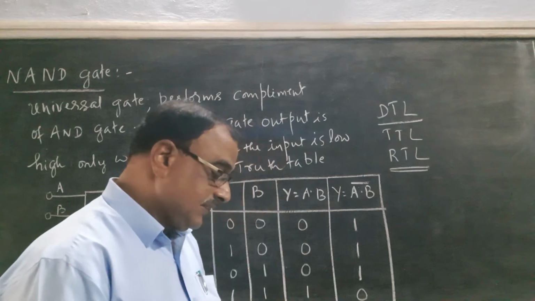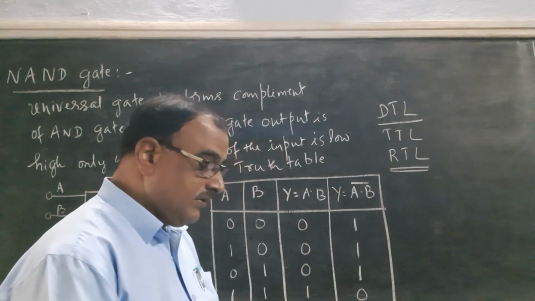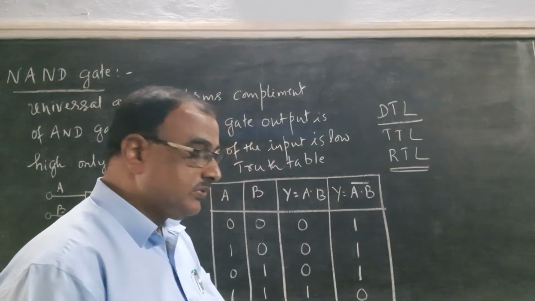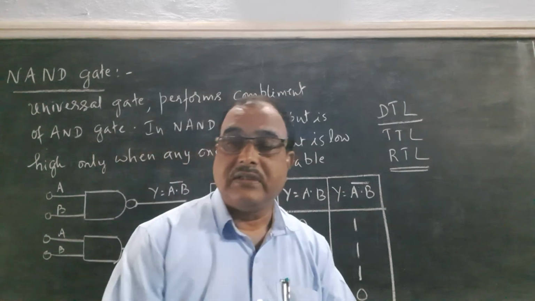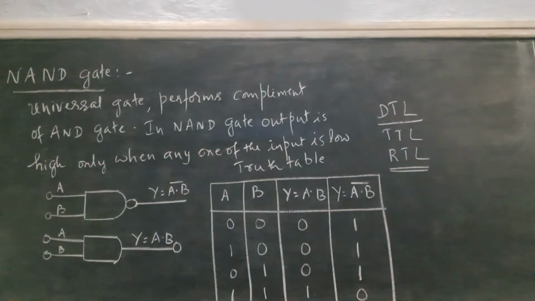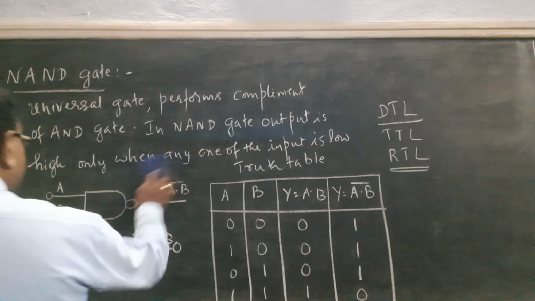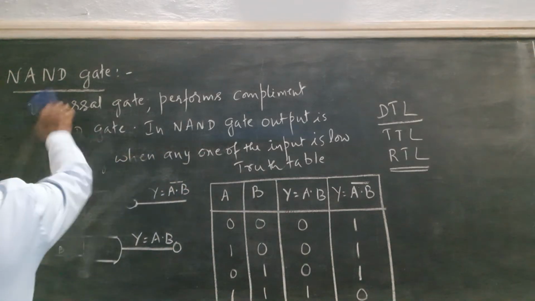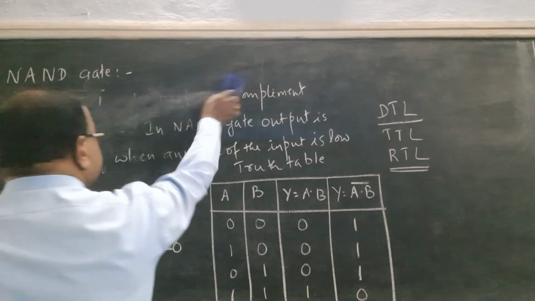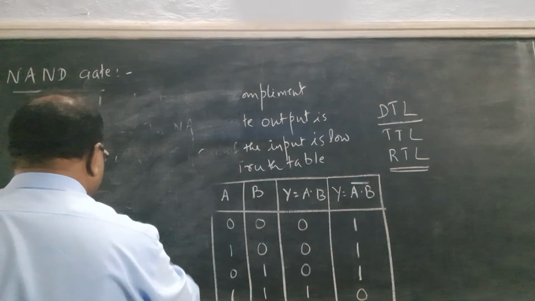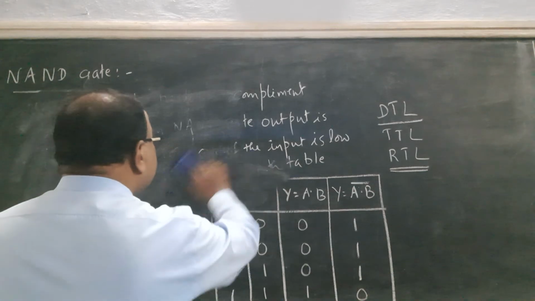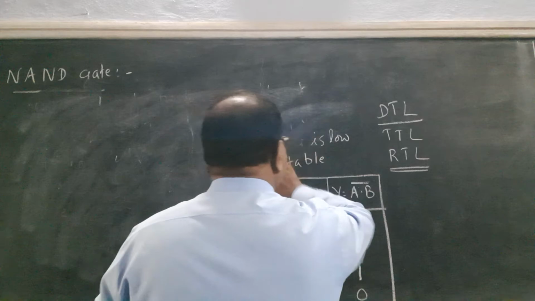Now let us consider that. We are supposed to write down the circuit diagram for such a NAND gate. I am writing the circuit diagram for the DTL gate.